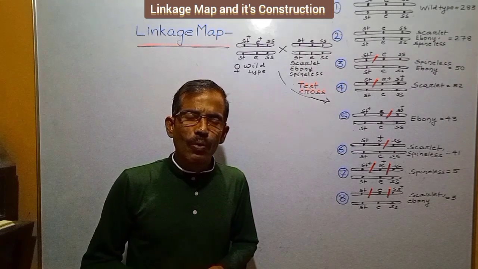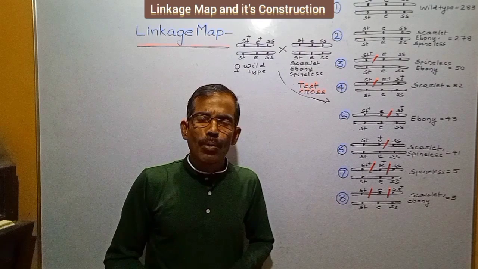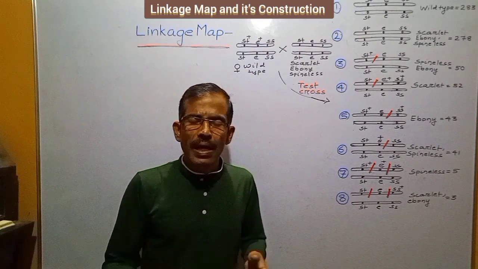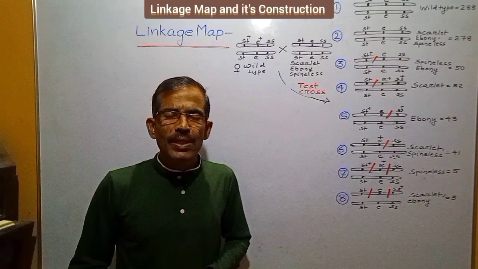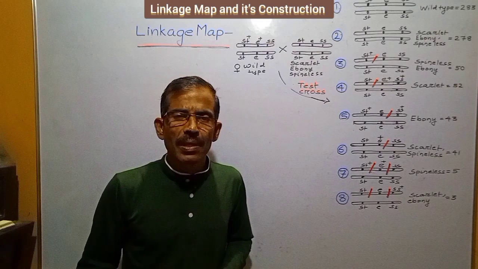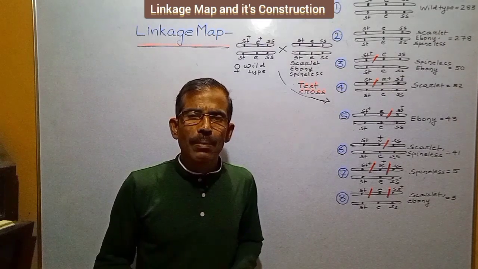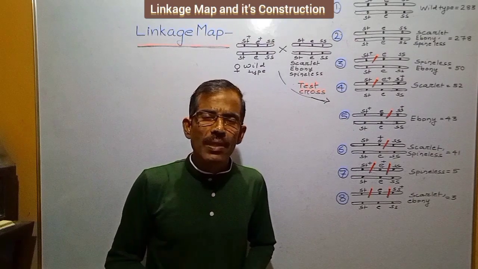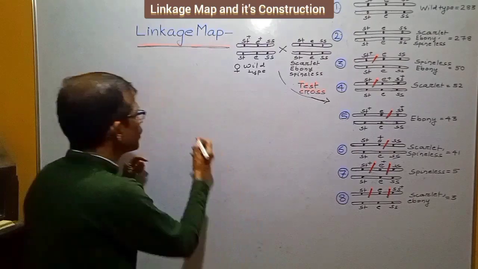By this technique, only the linked genes that occur in two or more heritable forms called alleles can be mapped. Linkage map is based on the analysis of recombination frequency, hence it is also known as recombination map.